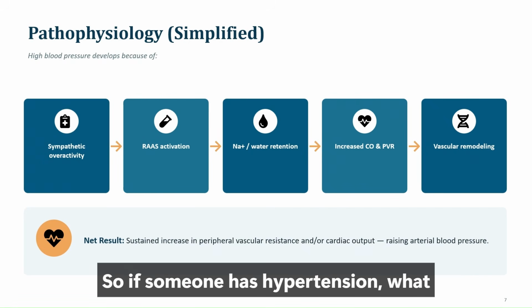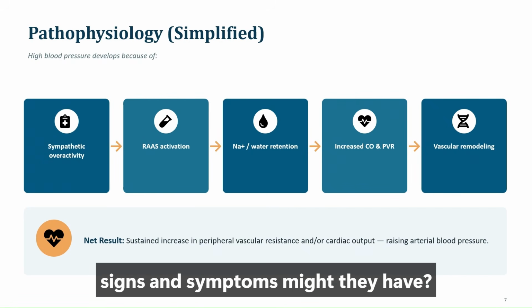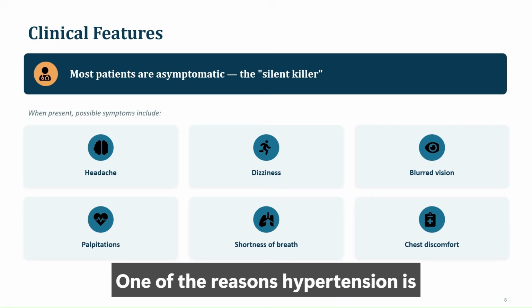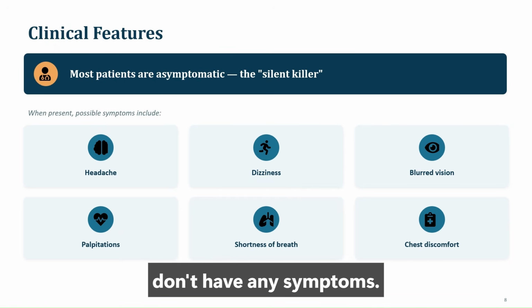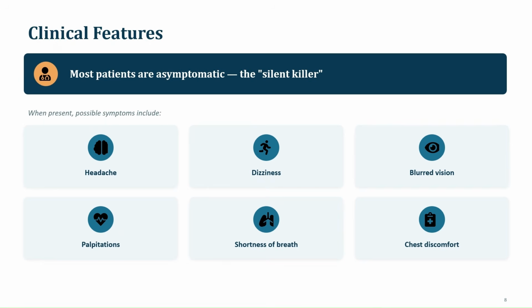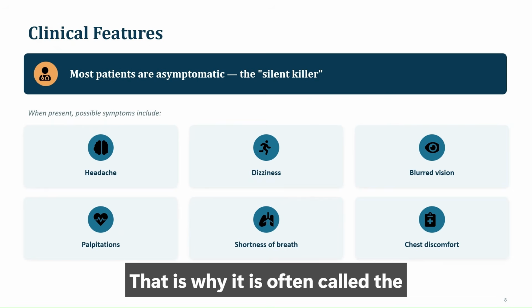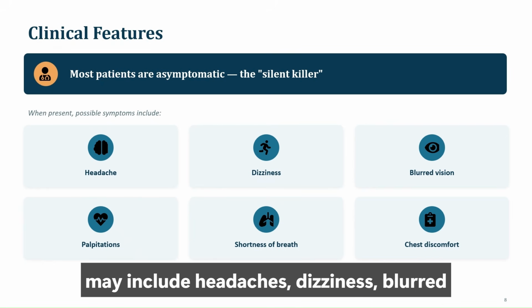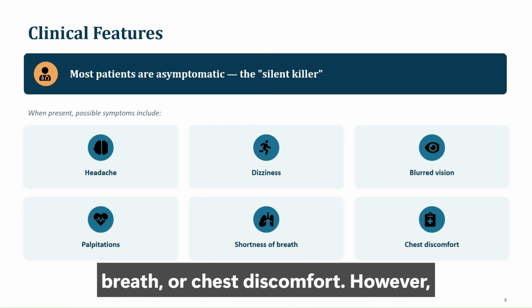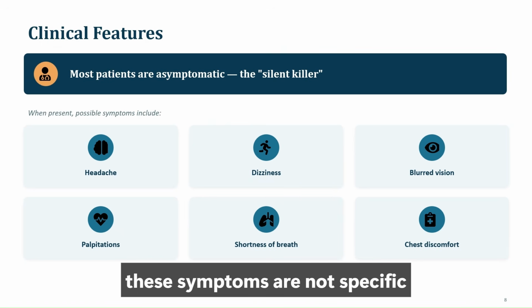So, if someone has hypertension, what signs and symptoms might they have? One of the reasons hypertension is so dangerous is that most patients don't have any symptoms, especially in the early stages. That is why it is often called the silent killer. When symptoms do occur, they may include headaches, dizziness, blurred vision, palpitations, shortness of breath, or chest discomfort.